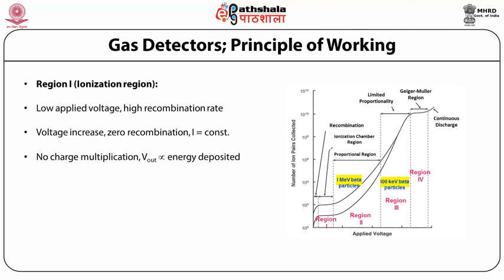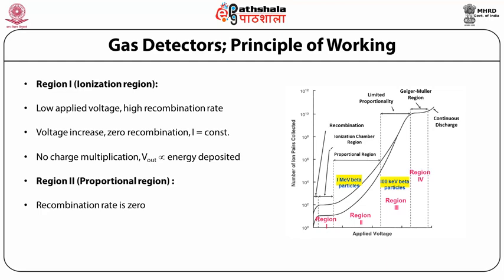The second region is called the proportionate region. In this region, the gas detectors are operated at a voltage higher than the range for the ionization chamber region. And what are our observations? In this region, the recombination rate is 0.